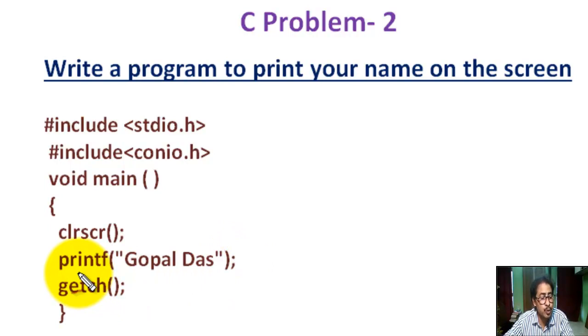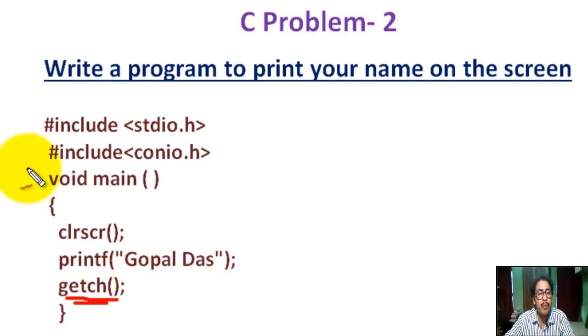The printf function is also used to display the value of a variable. At the end, we always use the getch function. The getch function holds the output on the screen. Now the program is ended.